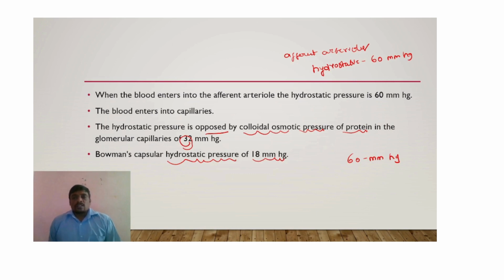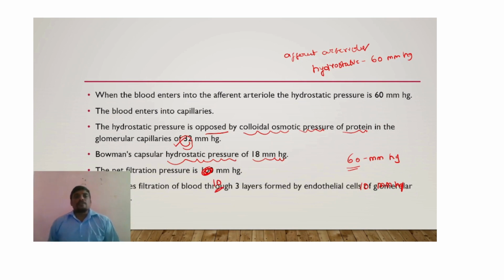So this 60 mmHg is opposed by 32 mmHg, the colloidal osmotic pressure of the proteins, and the Bowman's capsular hydrostatic pressure. Hence 32 plus 18 is 50, and 60 minus 50, that is 10 mmHg, is the net filtration pressure in the glomerular tubules, which plays an important role in the filtration process.